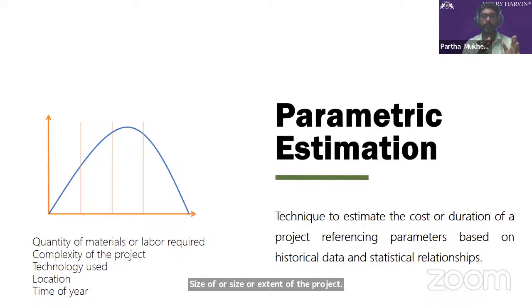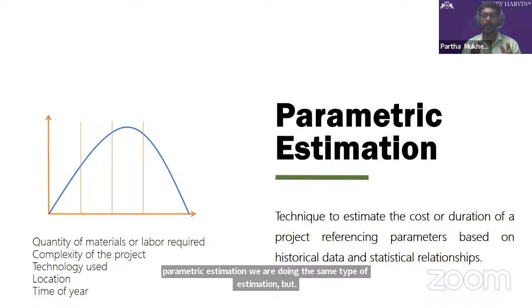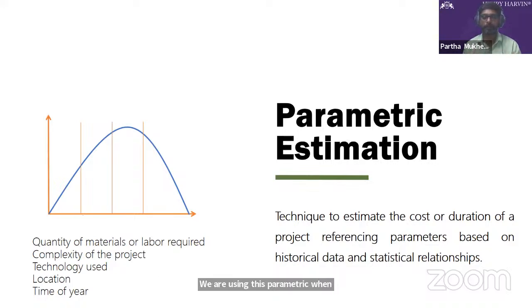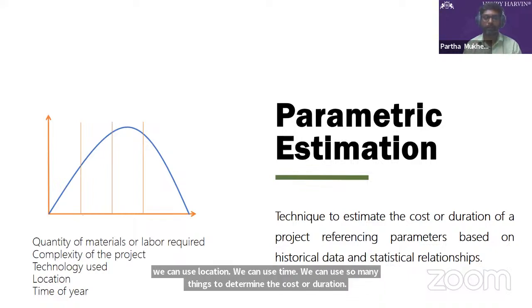Previously, I mentioned that we use analogous estimation when the project is not complex. But in parametric estimation, we are doing the same type of estimation, but we use it when it is a bit complex. We can use certain technology, location, time, so many things to determine the cost or duration of the project.